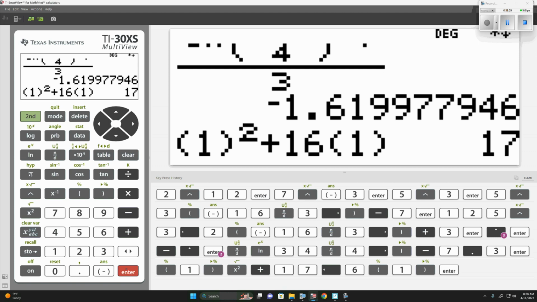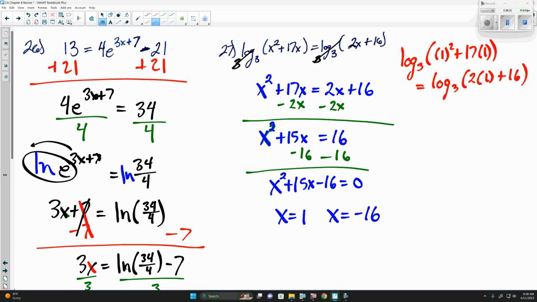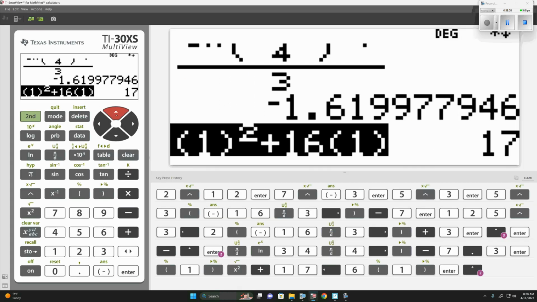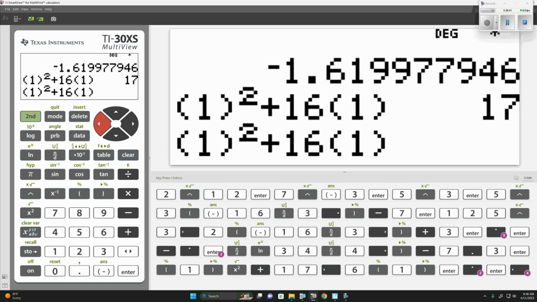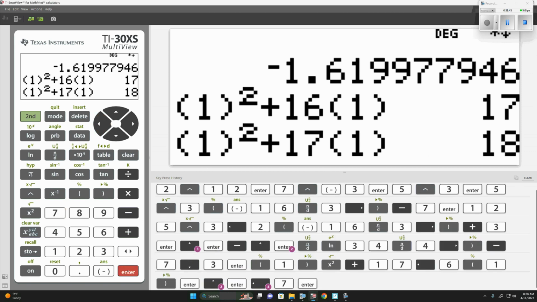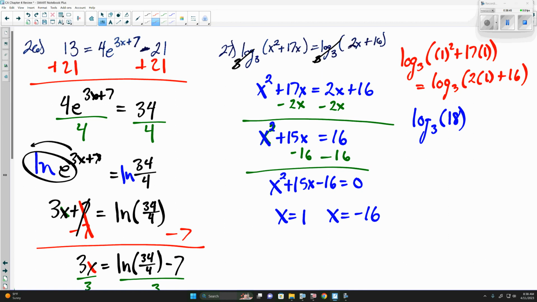Enter. Is 18. Since it is a positive number, that is fine. It works out nicely. Our other side, 2 times 1 plus 16, well, 2 times 1 is 2, plus 16 is indeed 18. So x equals 1 is just fine.